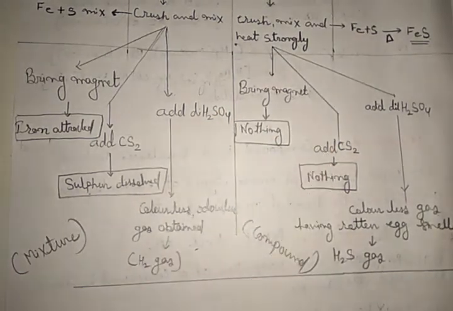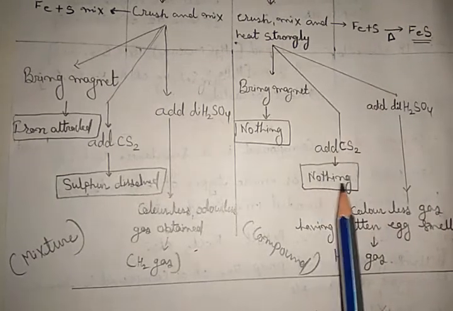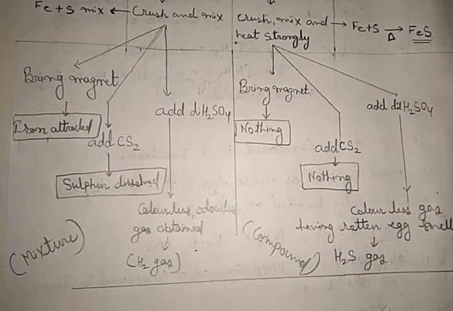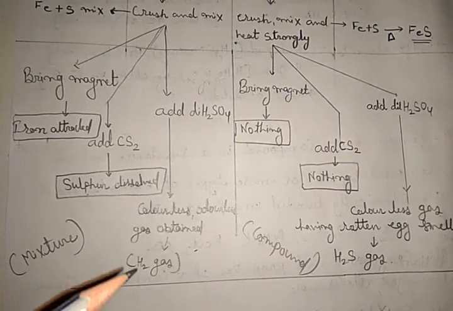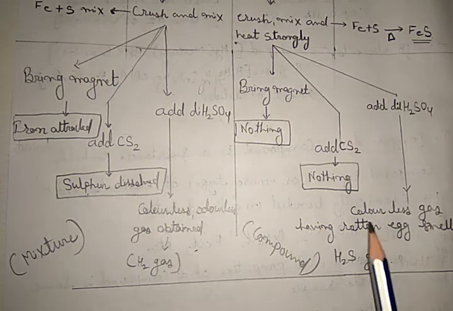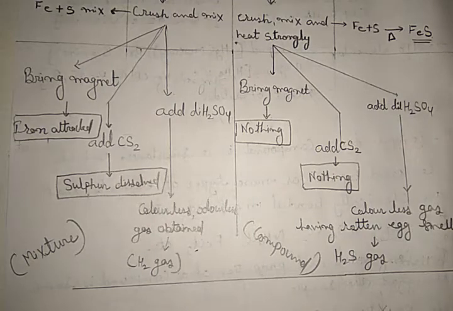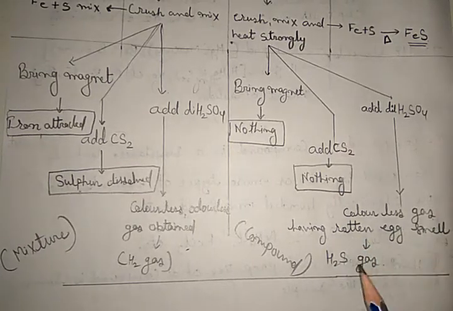Similarly, when we added carbon disulfide, CS2, the sulfur does not dissolve in carbon disulfide. And when we add dilute sulfuric acid, a colorless gas having a rotten egg smell is produced. This gas which has a rotten egg smell is hydrogen sulfide gas.